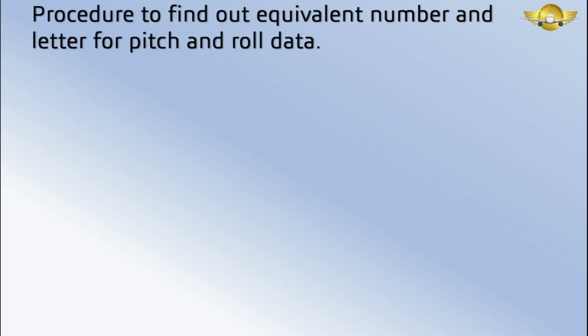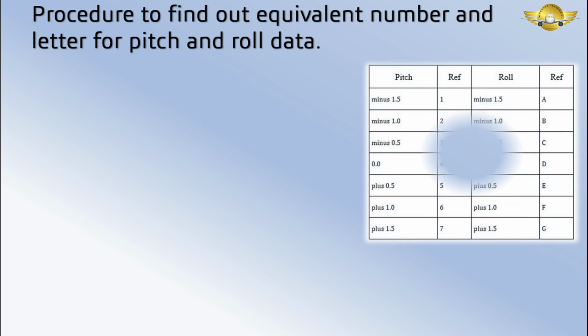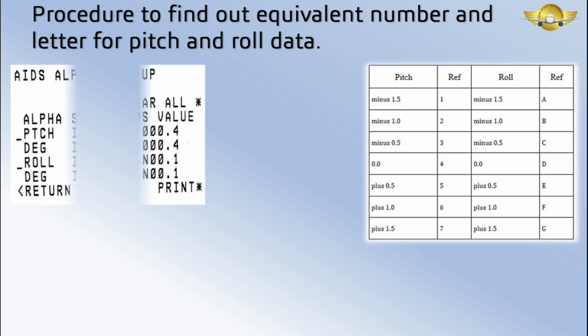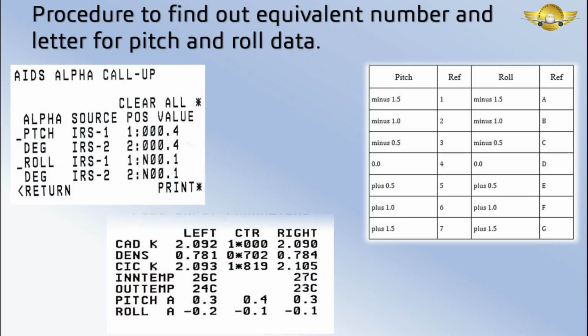Procedure to find out the equivalent number and letter for pitch and roll data. With the help of 2 methods, we can find out aircraft attitude data. First, with the use of the alpha column feature, and second, the fuel input parameter. From any of the given procedures, we can find out aircraft pitch and roll data that will be some number.